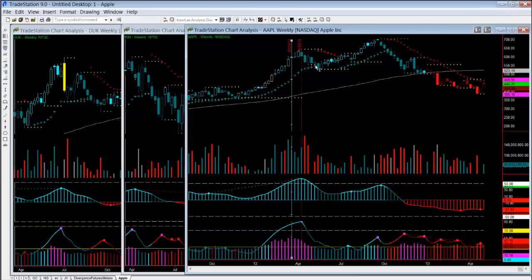Then we're expecting it to pull back to the ATR. It does so on diverging volume. To me, that tells me it's going to go back and test this top. Again, as it goes back to test that top, is volume increasing or decreasing? Volume is decreasing. When do you get your test for sellers? Magenta peak.